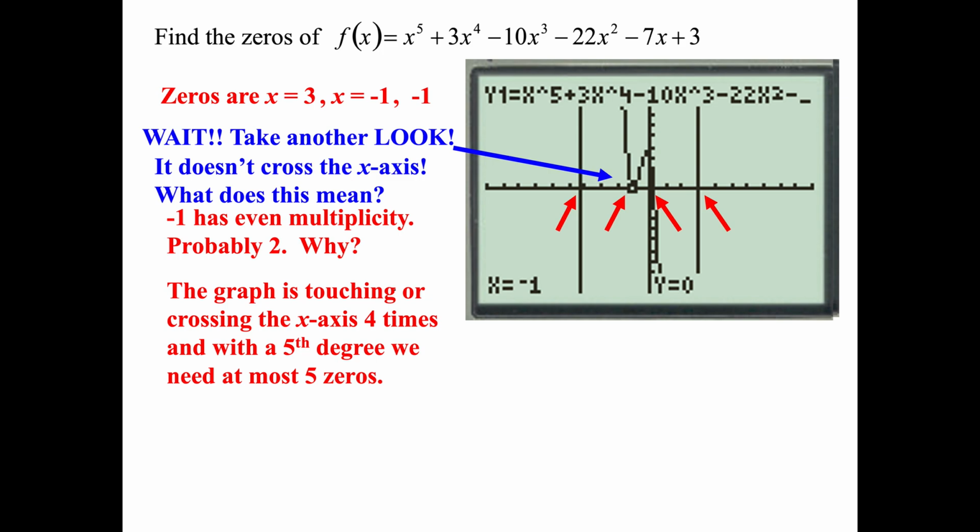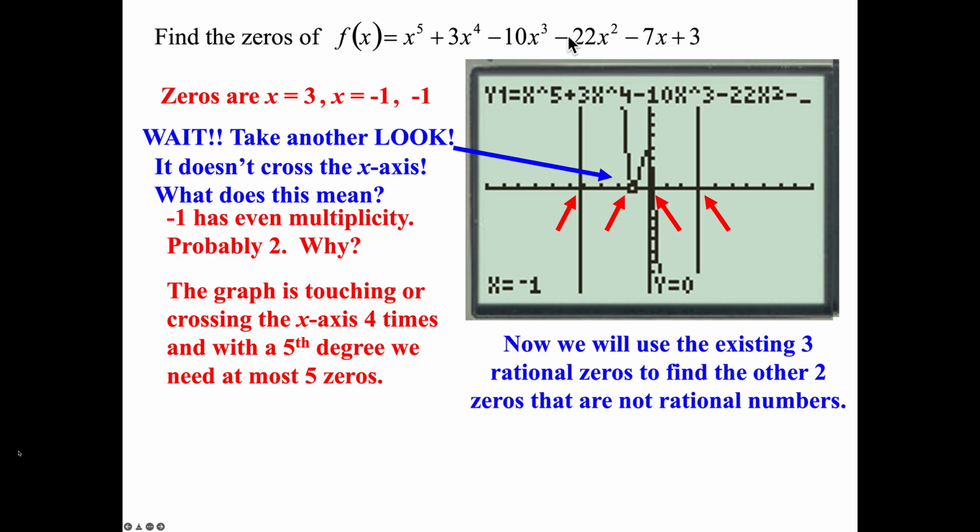What happens is these are now irrational numbers. Irrational numbers are numbers that cannot be written as a fraction, and therefore they don't show up in that possible list of rational numbers. So what we're going to have to do is find these irrational zeros by factoring this down to a quadratic, and then use our solving techniques with quadratic equations to find our irrational numbers.